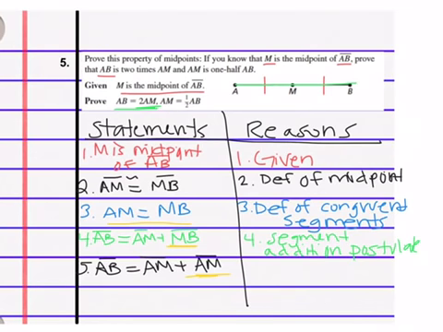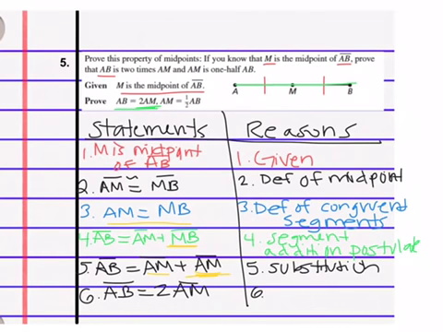I'm substituting AM for MB. Then I can just combine my like terms. I can say AB is equal to 2AM. So I combined these like terms right here, 1AM and 1AM, 2AM. So that's going to be combine like terms.